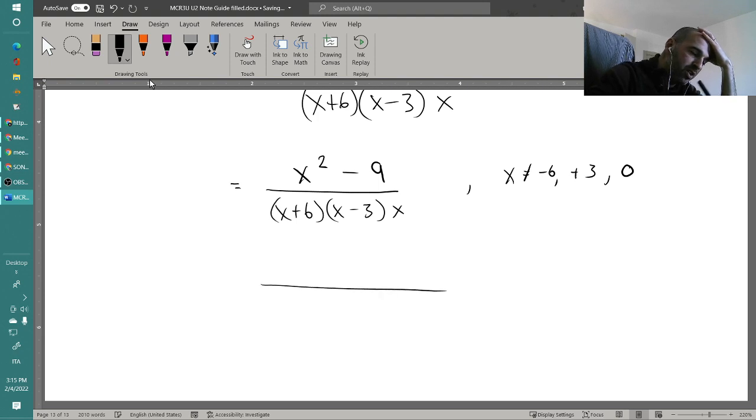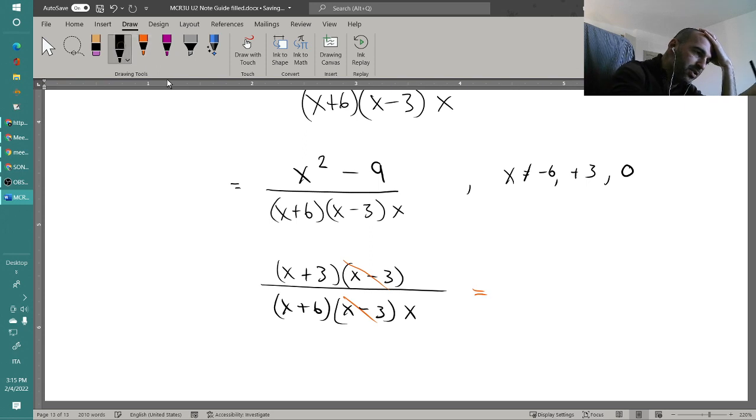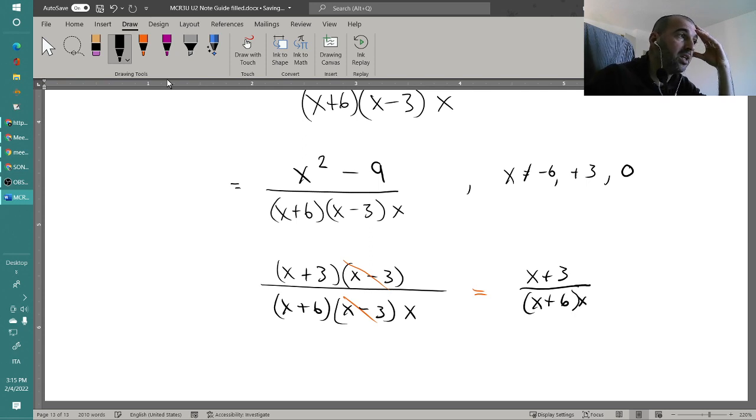At this stage, you can factor the numerator if it looks factorable, and you can cancel anything that is remaining. And as you may have noticed, this x minus 3 cancels, and so I'm left with x plus 3 over x plus 6 times x. So that's kind of the idea there.